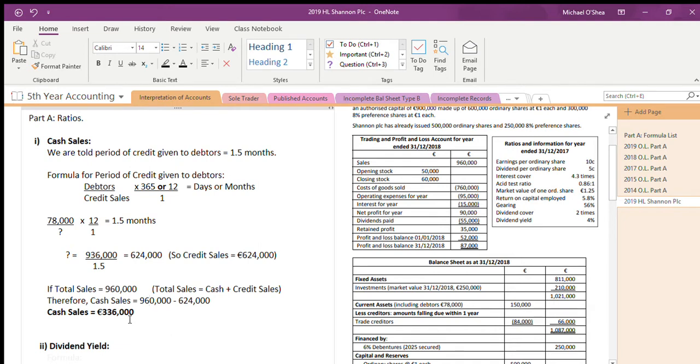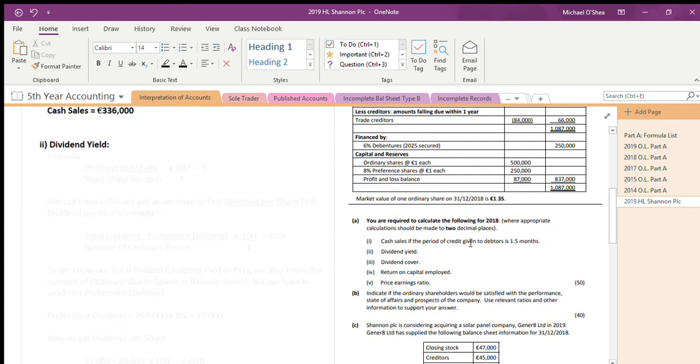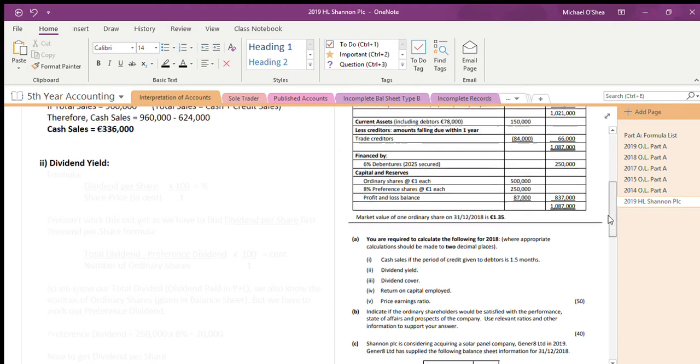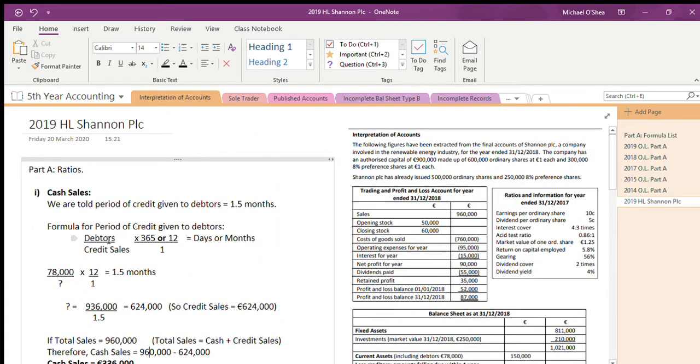And that is the final answer to that part. So again, we're asked to find cash sales, but we're given a hint here. They give us the answer to the credit given to debtors formula, and once we've put in all the stuff we found out, we didn't know credit sales, find credit sales, and then you can find cash sales.